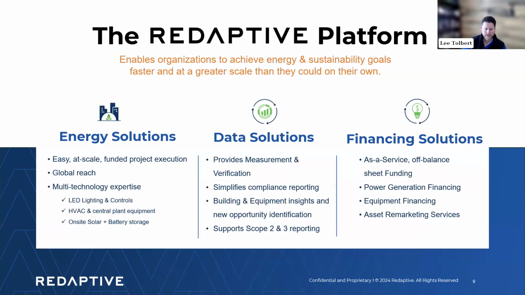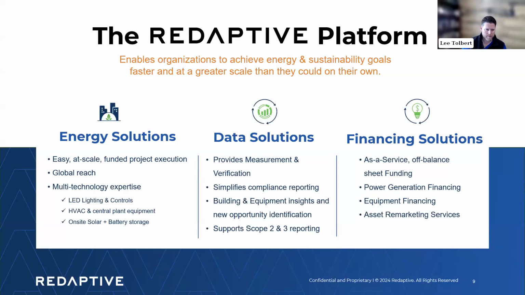So Redaptive has a proprietary electric meter that we provide for our customers, as well as gas and water meters that allow us to do measurement and verification, M&V, of our programs, but also simplifying compliance reporting and building and equipment insights.